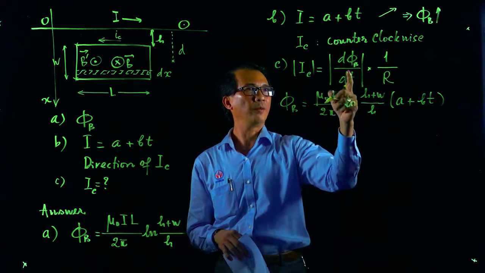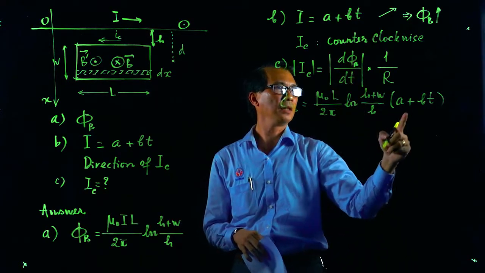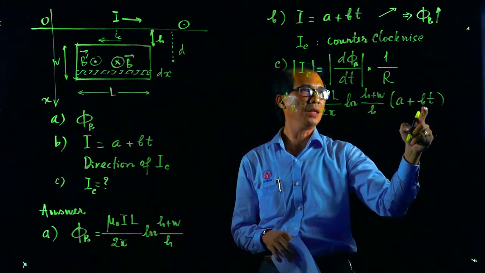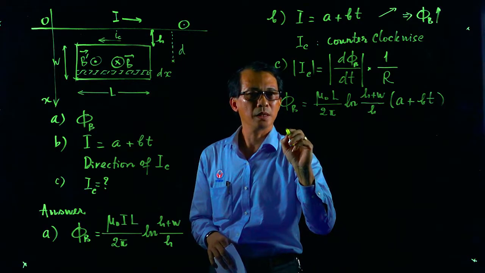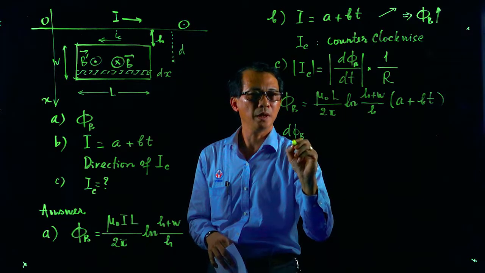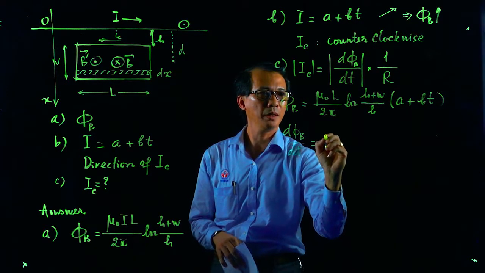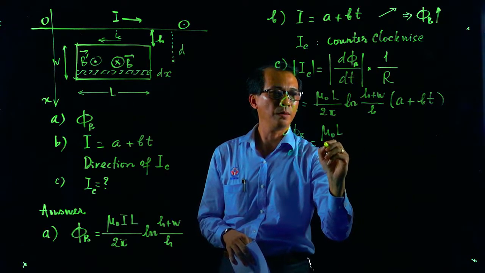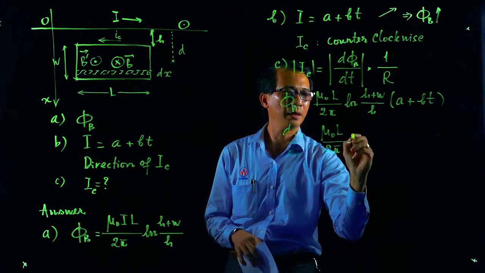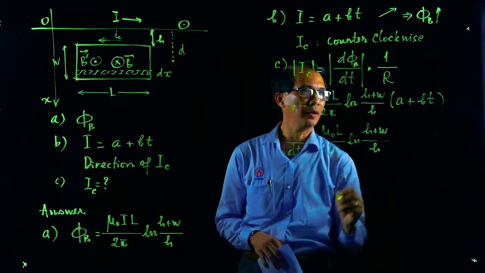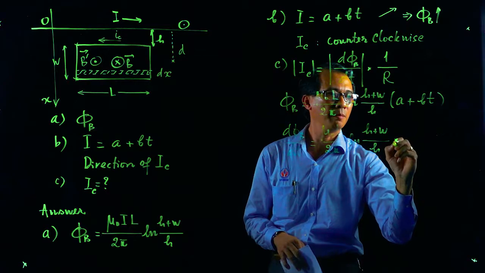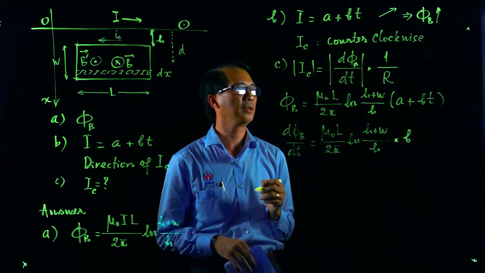Okay, so when we take the derivative of that, you will have here the b only, a will be 0, and so d phi B over dt will be mu 0 L over 2 pi logarithm of h plus w over h multiplied with b only.